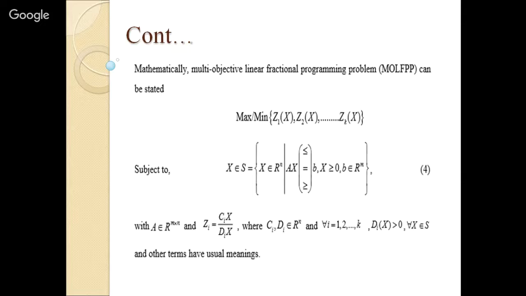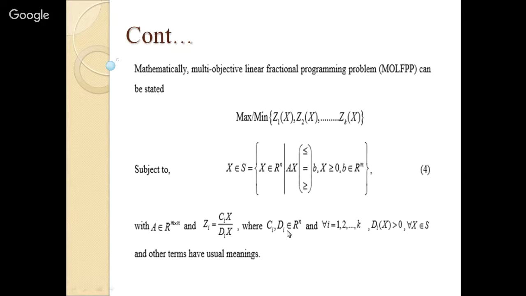You can also convert your problem into this format. It becomes more complex, so we have solution techniques which are already in research papers. Goal programming is the easiest, or the fuzzy approach is also easy. You can apply these approaches to find the satisfactory solution. So automatically your paper will be published in good journals.